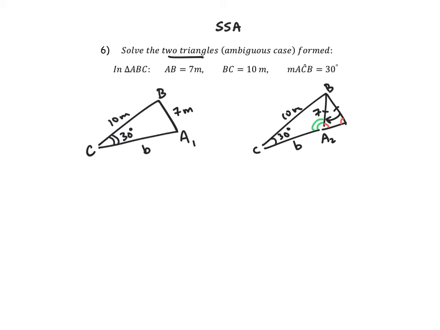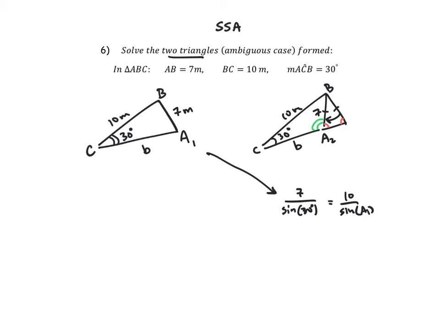So I'm going to use the law of sines with the initial triangle, this one here. I'm going to say the sine of 30 over 7 is equal to the sine of A1 over 10.